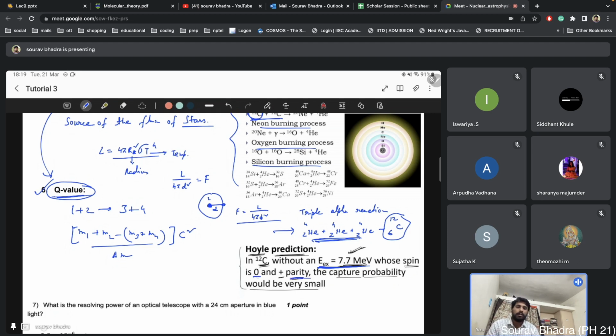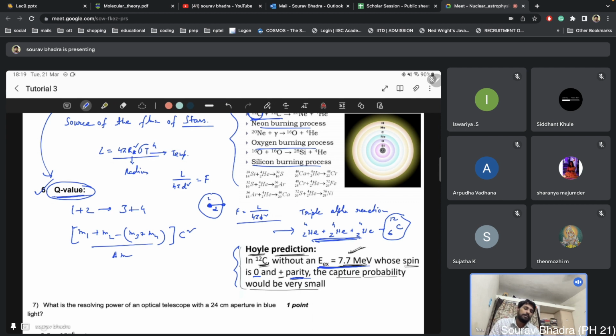If all these three conditions hold, that means you have an energy level of 7.7 MeV, zero spin and positive parity, then the probability of this triple alpha reaction is high. Here it has been written the other way: without a 7.7 MeV energy level, the capture probability would be very small.